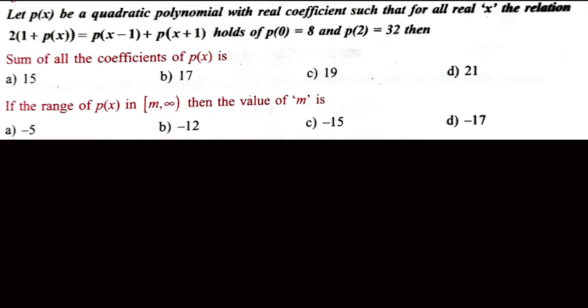Now the question: let p(x) be a quadratic polynomial with real coefficients such that 2 times 1 plus p(x) is equal to p(x minus 1) plus p(x plus 1), and it says p(0) is 8 and p(2) is 32. So we'll assume p(x) be ax square plus bx plus c, and since p(0) is 8, that means c is 8.